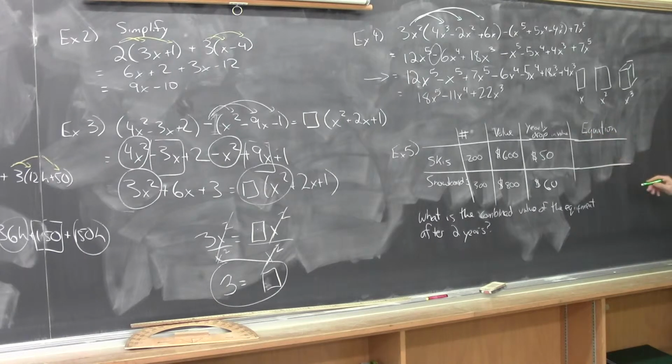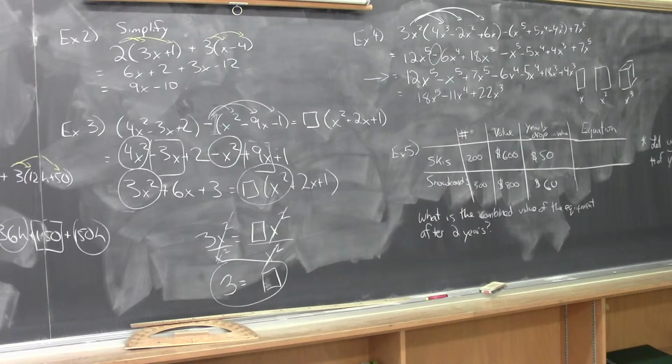All right. So, we know that the cost is $600, but it drops $50 per year, and we want to know after 2 years. First and foremost, let's let y represent the number of years.